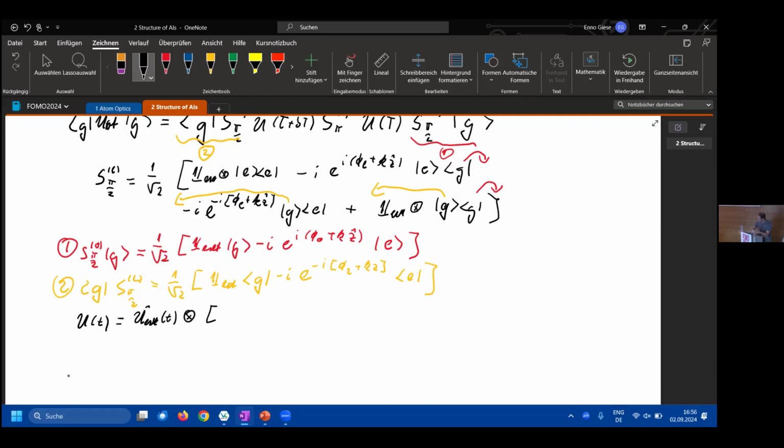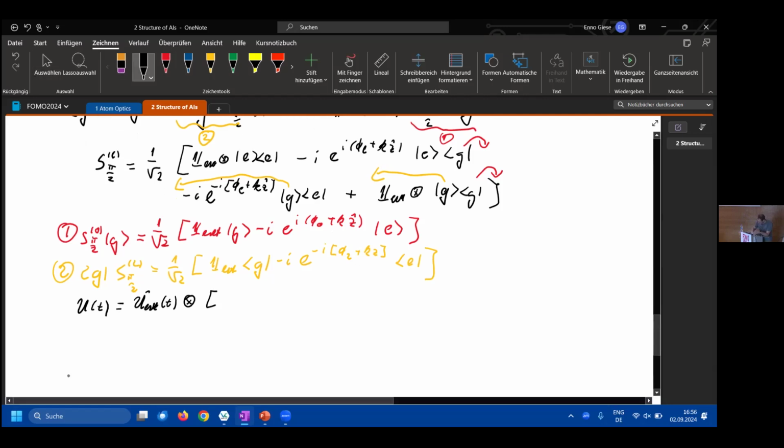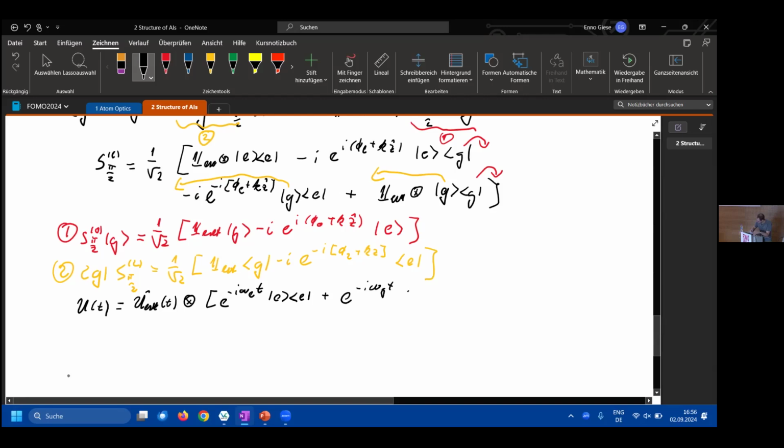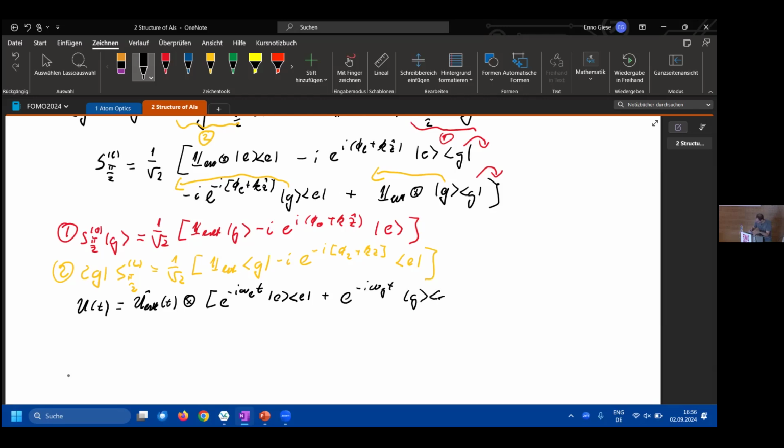And now I have the internal degree of freedom, and that's coming back to your question. e to the minus i omega excited t, projector on the excited state, plus e to the minus i omega ground state t, projector on the ground state. Okay?